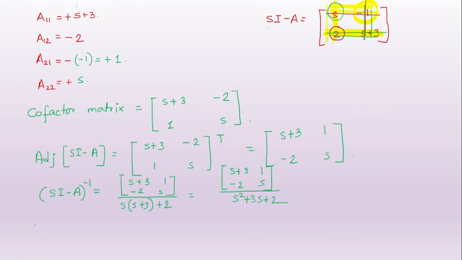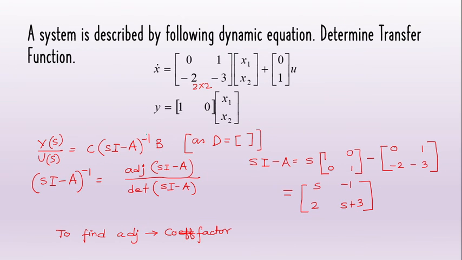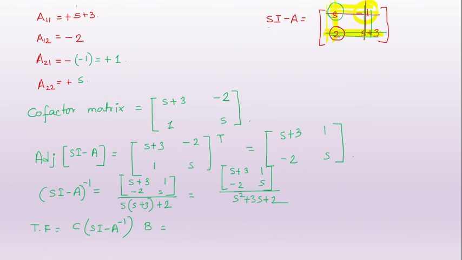Now if we want to get the transfer function, what is that? This is C into sI minus A inverse into B. So what was our C matrix? C was 1 0, a row matrix, and B was 0 1. Now what we have to do?